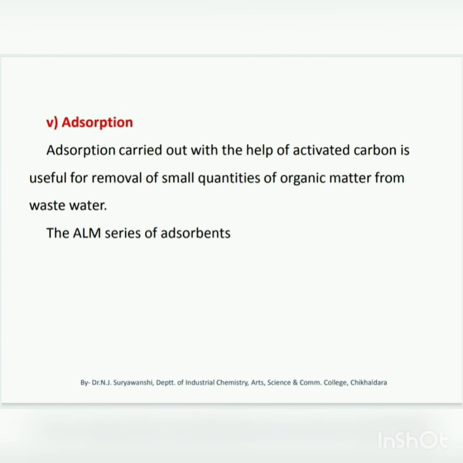Adsorption method. Adsorption carried out with the help of activated carbon is useful for removal of small quantities of organic matter from wastewater. Special types of adsorbents are available for toxic heavy metal ions from industrial wastewater.